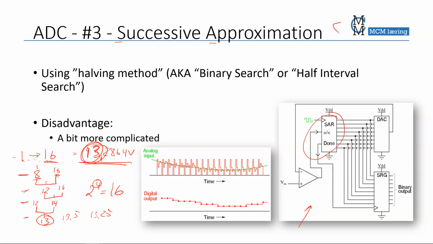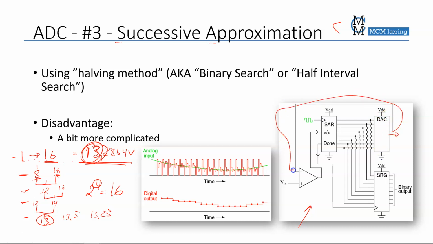So the same thing, I have the SAR, which is a successive approximation register. That one will guess half the value for the first guess. So the voltage out from the DAC would be somewhere in the middle between VDD and ground.